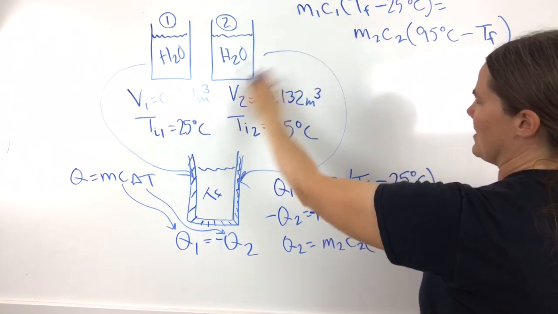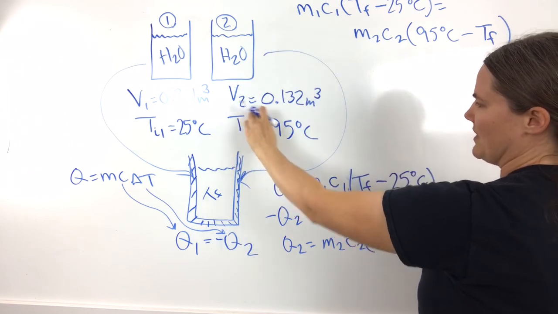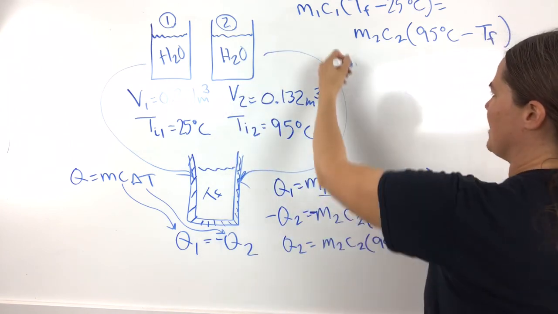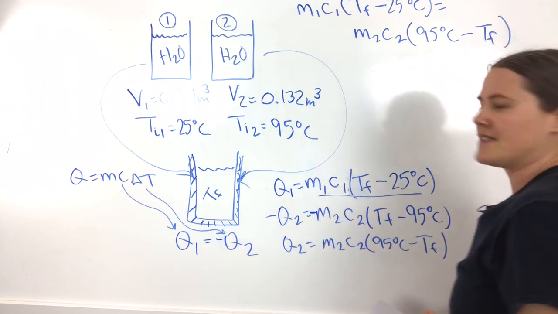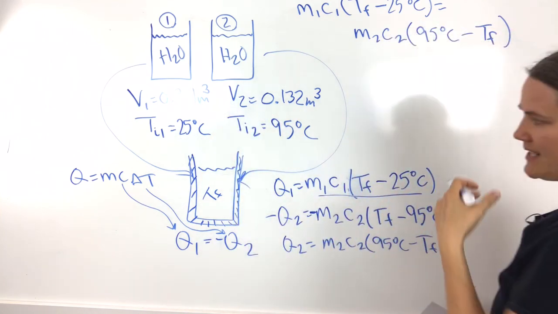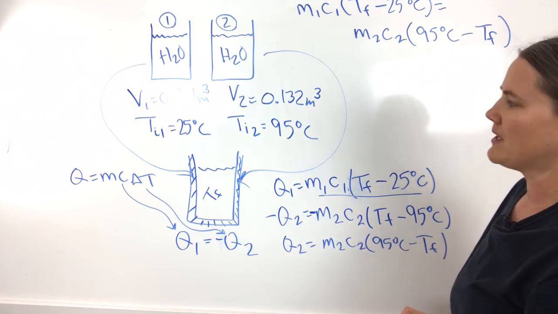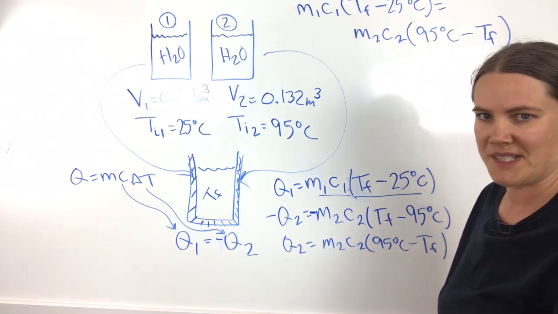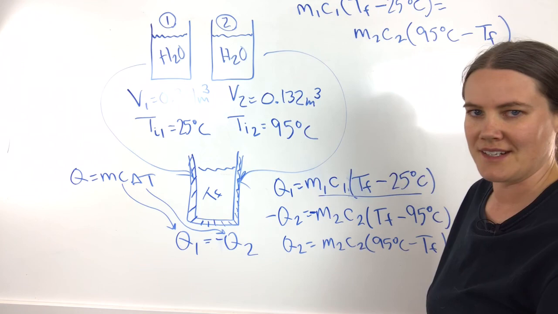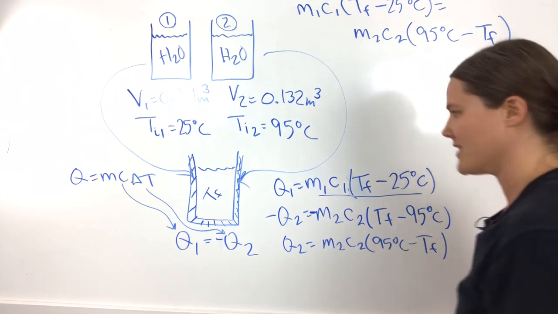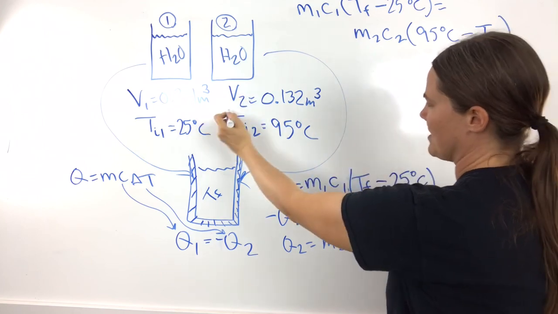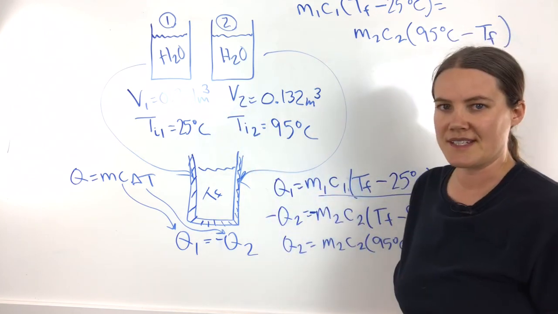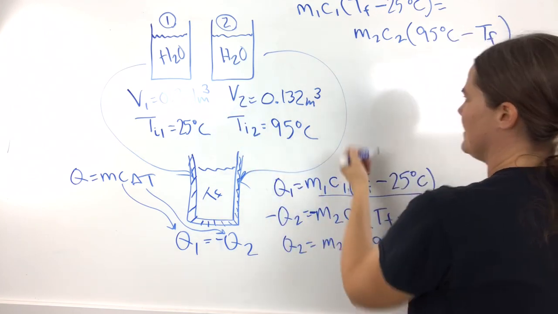We weren't given the mass, we were given the volume. We know this is water, and if we have the volume and we know what the substance is, we know the density. So we know the density of water. Since we know the volume and the density, we can get the mass.